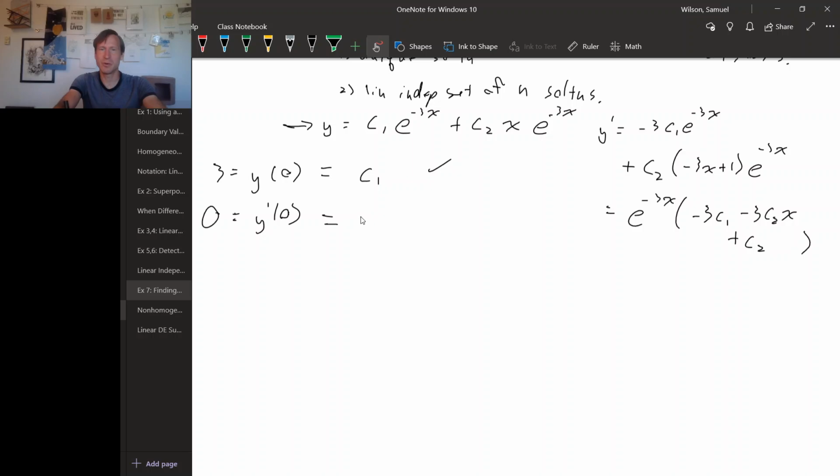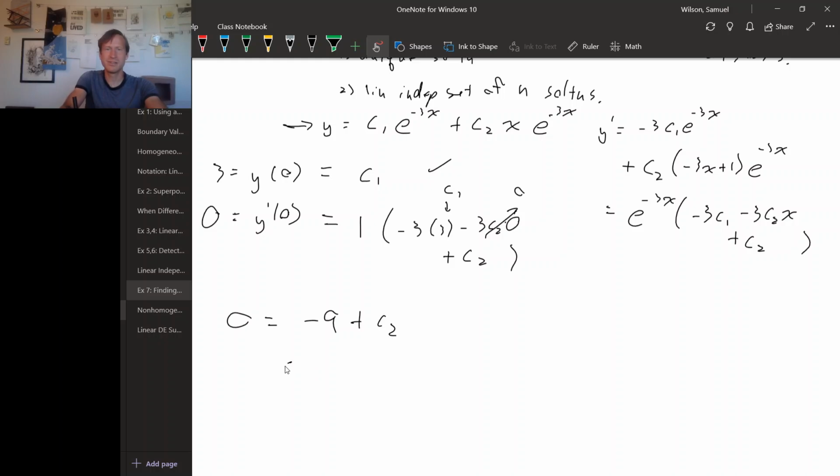So out in front we get a 1 times minus 3 times c1, but we know c1 is 3, minus 3 times c2 times 0, so that term goes away, plus c2. So 0 equals minus 9 plus c2, so c2 is 9.